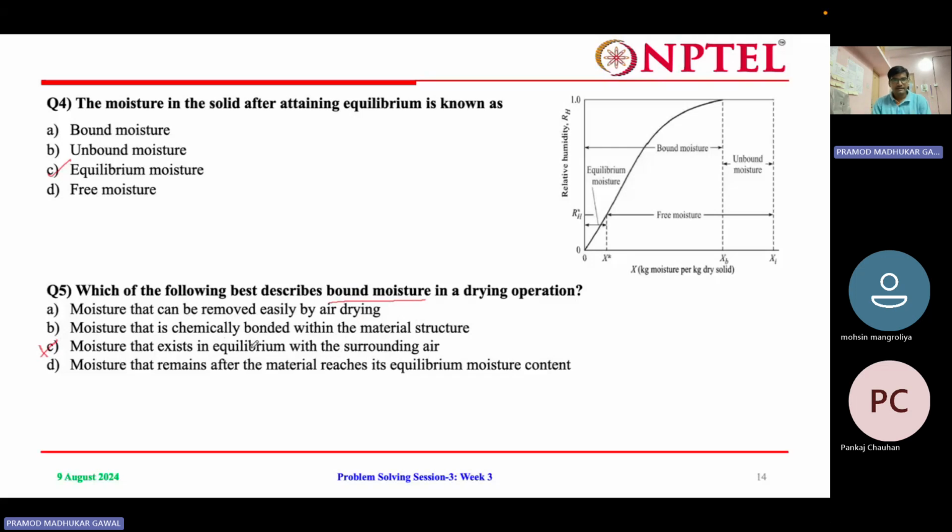The moisture that remains after the material reaches its equilibrium moisture content. No, this is wrong. Moisture that can be removed easily by air drying cannot be bound moisture, because initially it can be removed. So option B matches: moisture that is chemically bonded within the material structure.